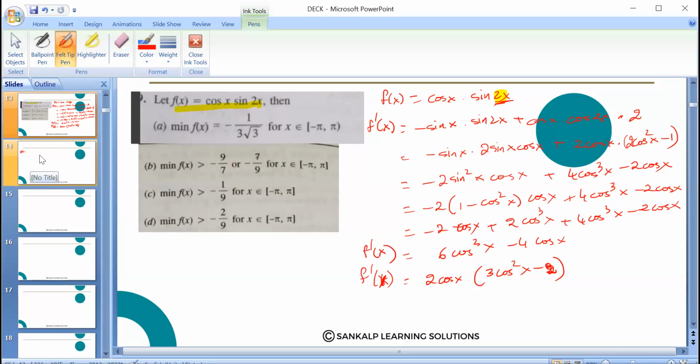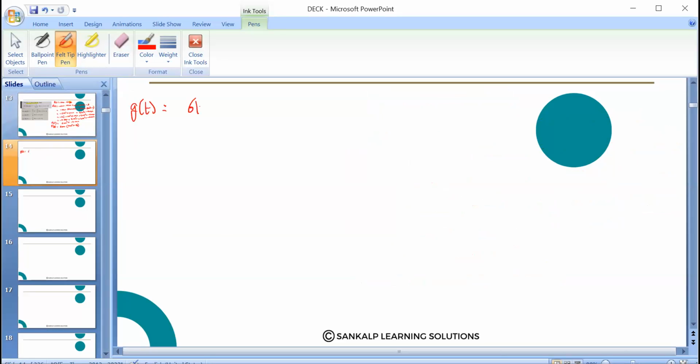Now this g dash t will be 18t square minus 4. Set it equal to 0. t square is 2 by 9.